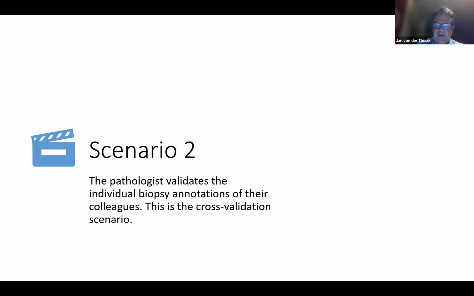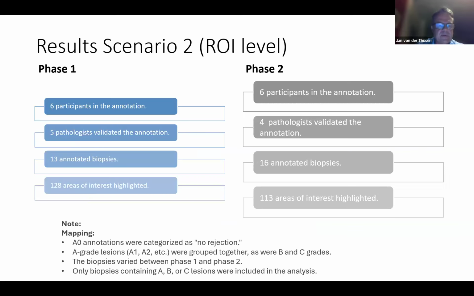In the second scenario, we again did the annotation in the first round, and in the first round we also cross-validated. So there was a group of pathologists who cross-validated these findings of the six participants, and in the second round we did the same.